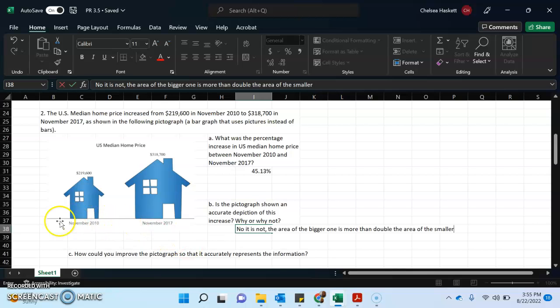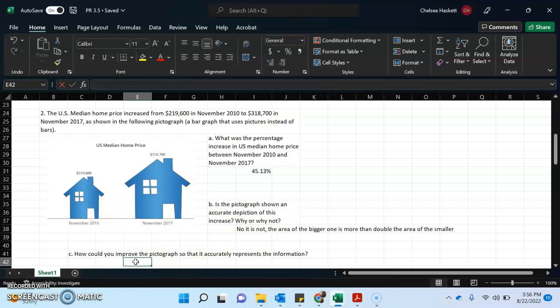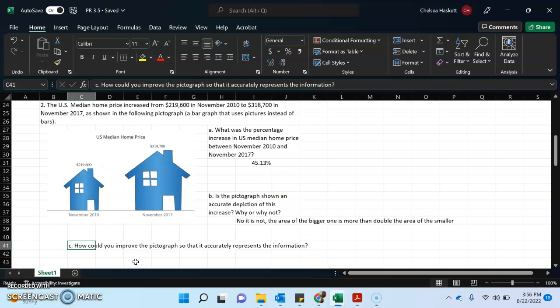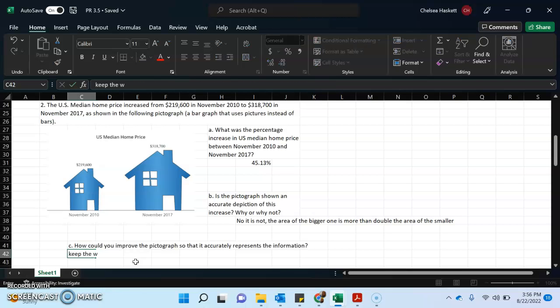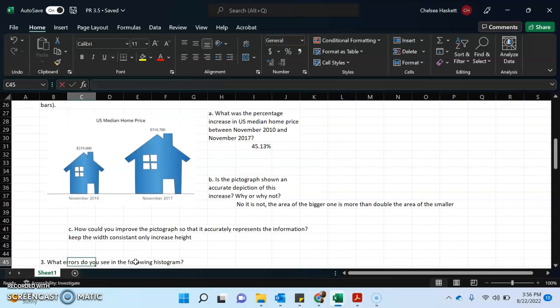They made the width longer and they made the height longer, so it's going to double that. How could you improve the pictograph so it actually represents the information? We could keep the width consistent and only increase the height. That way you're only increasing one thing and not making it look so much bigger.